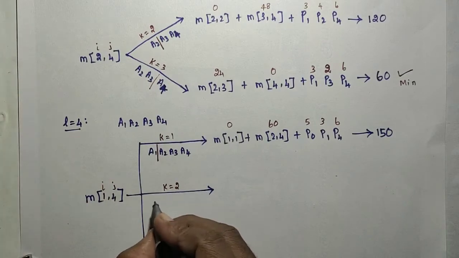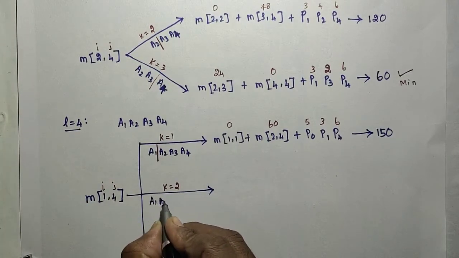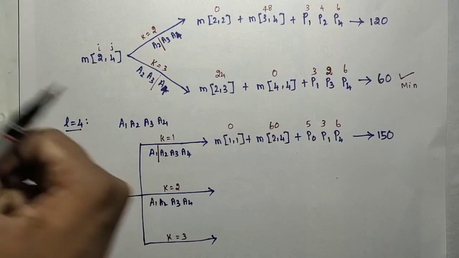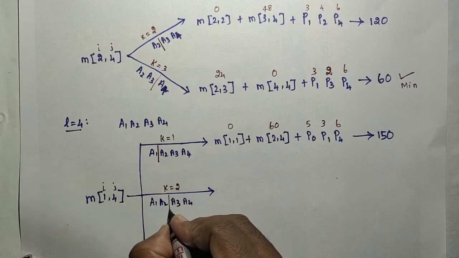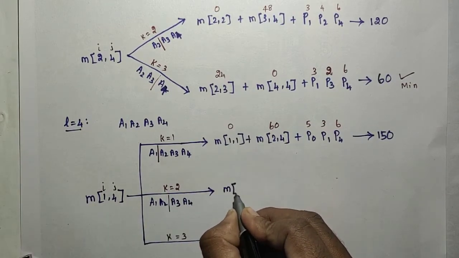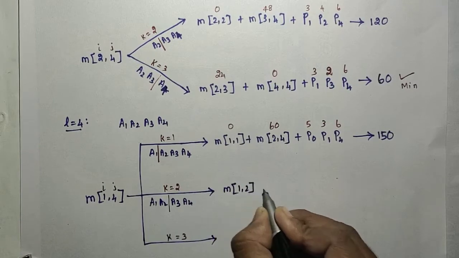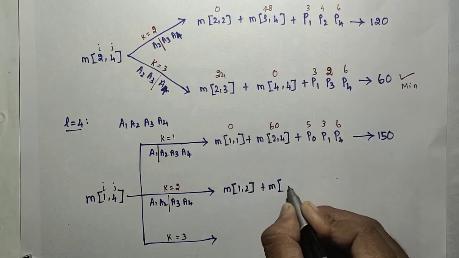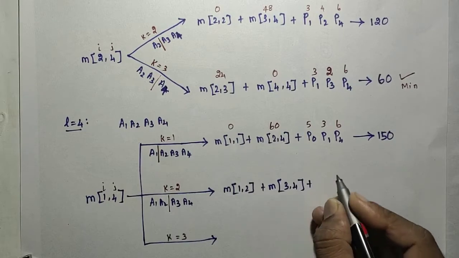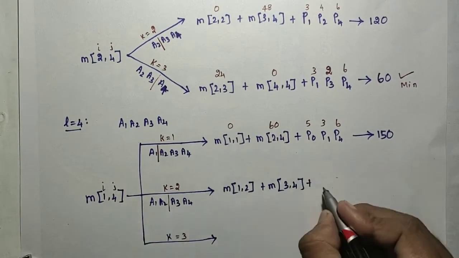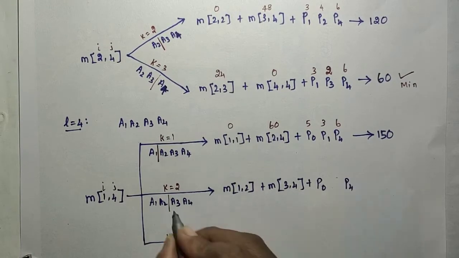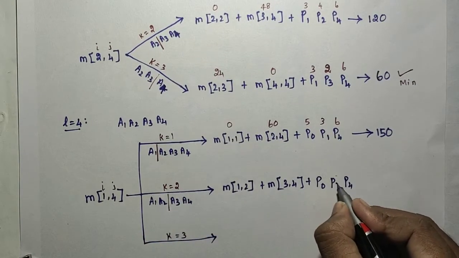And here k equal to 2 means A1, A2, A3, A4. The split occurs at 2. So it means m of 1 comma 2 plus m of 3 comma 4 plus p(i minus 1), that is p0, pj, p4, and the split position is p2.